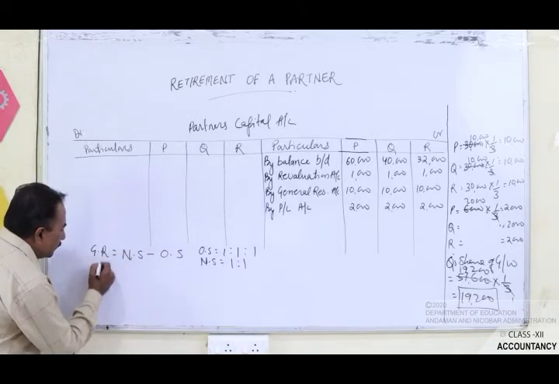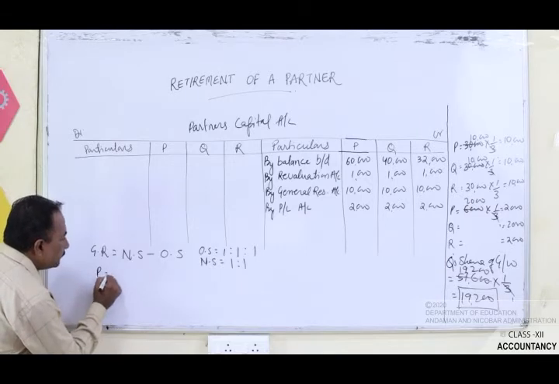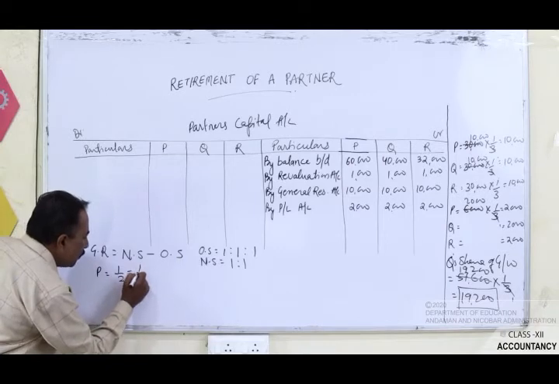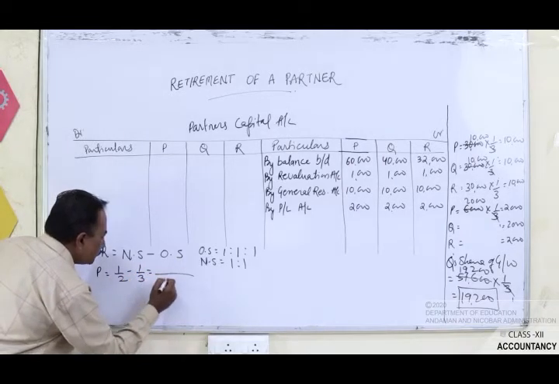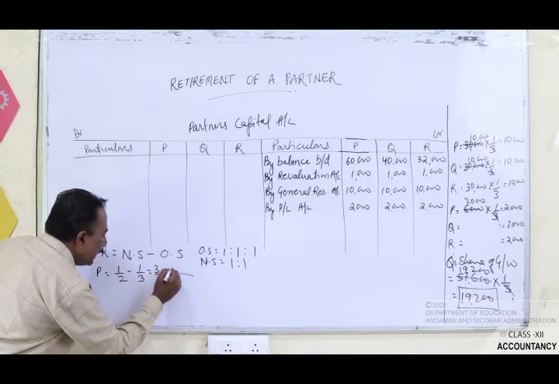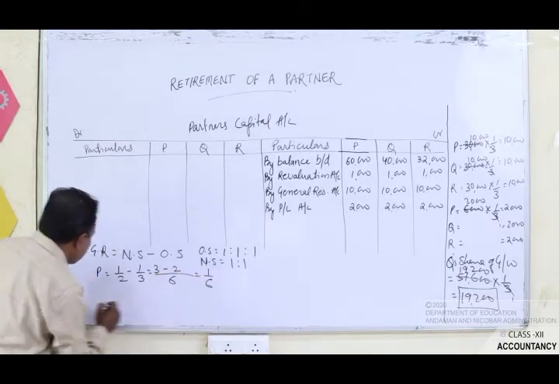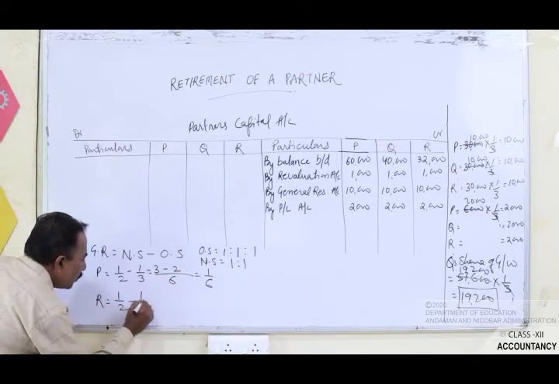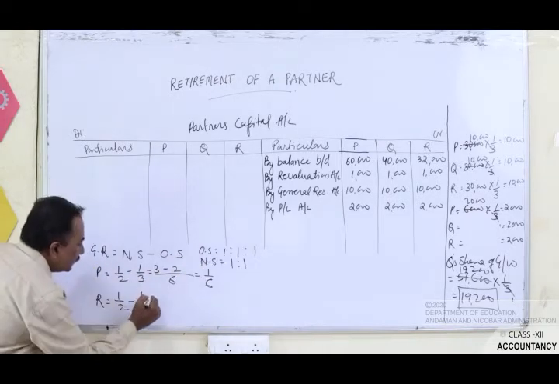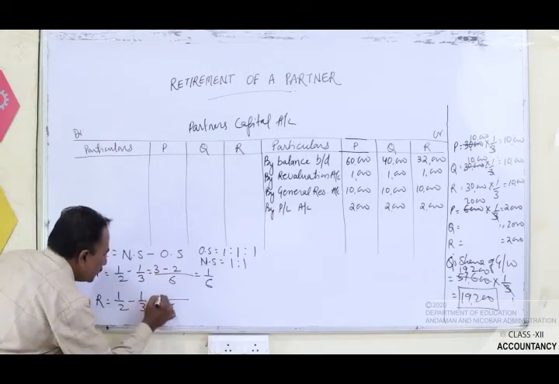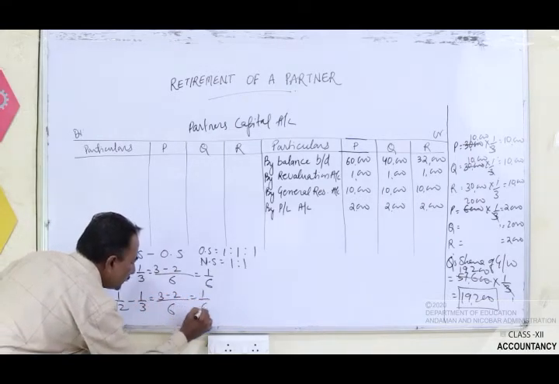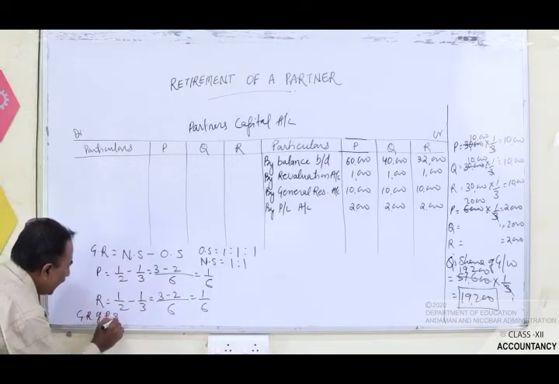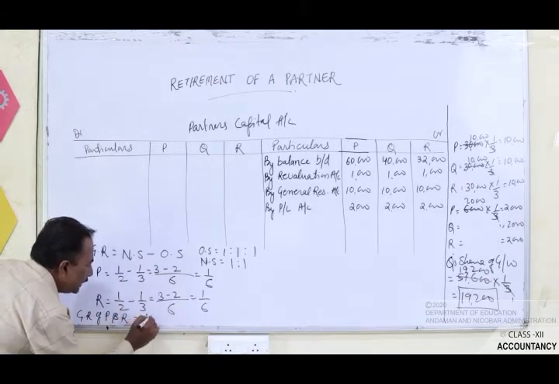Now, gaining ratio of P: new share is 1 by 2 minus, what is the old share? 1 by 3. 3 minus 2 is equal to 1 by 6. R: 1 by 2 minus 1 by 3, the old share, is equal to 3 minus 2 is equal to 1 by 6. So, the gaining ratio of P and R is 1:1.